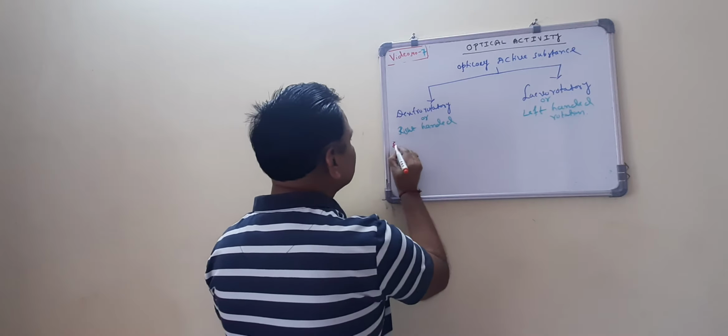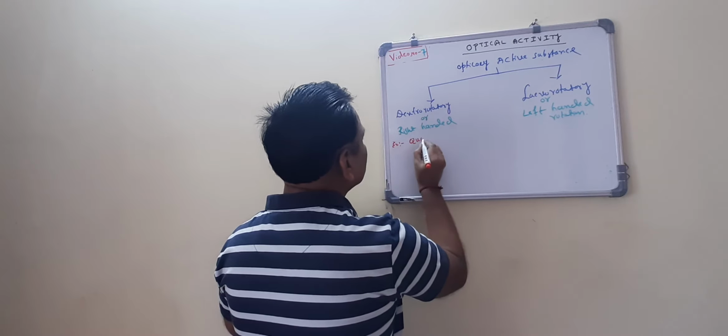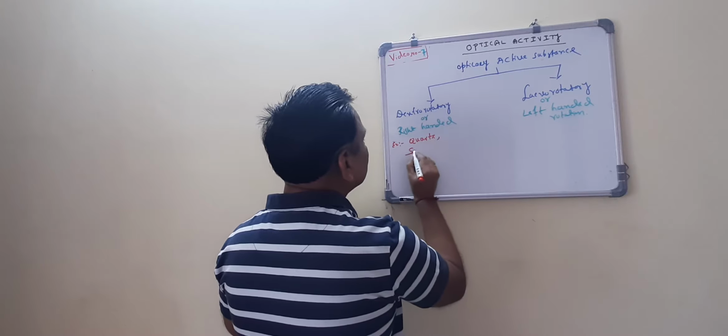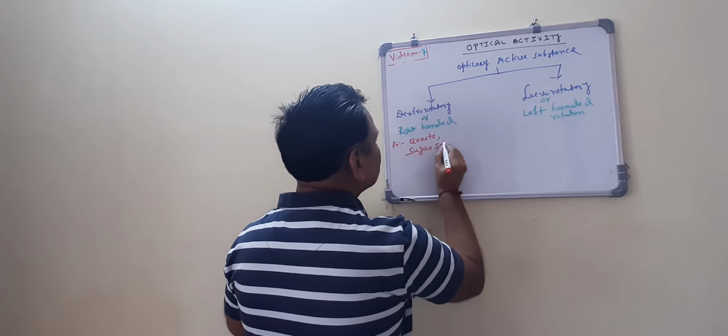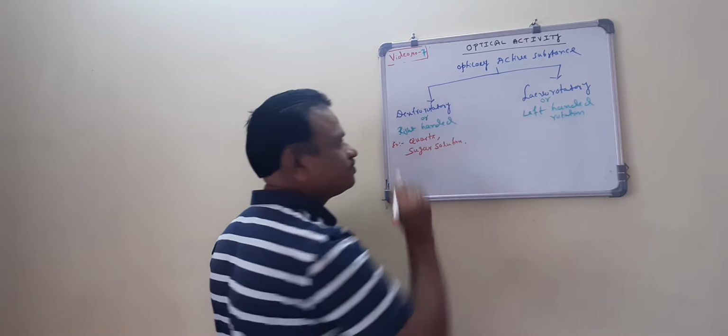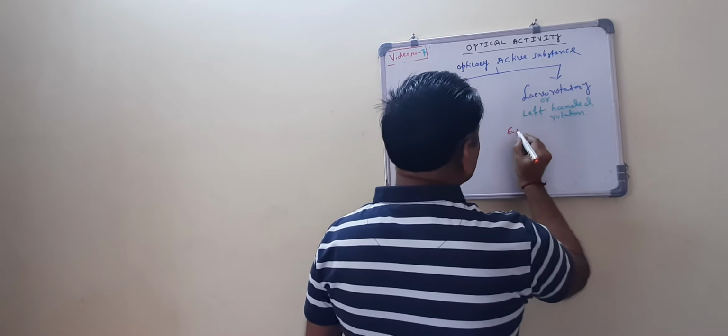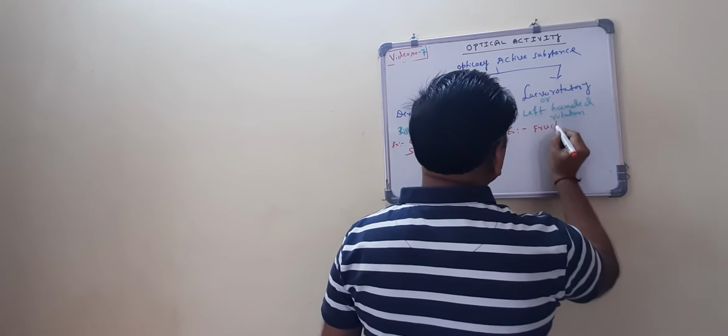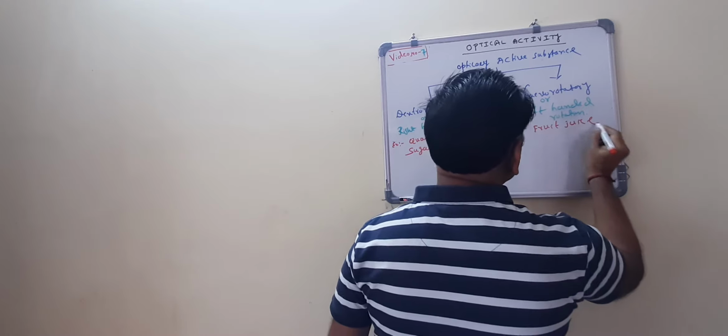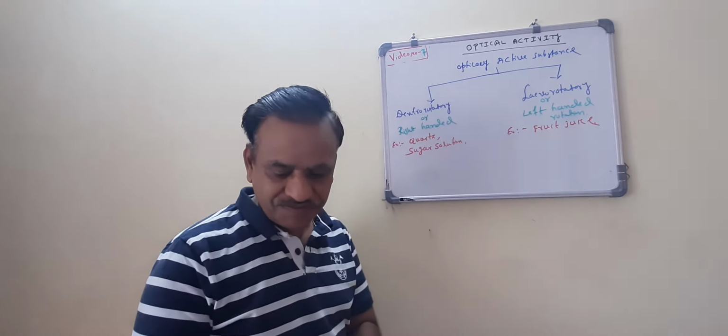Examples for dextrorotatory are quartz and sugar solution. For levorotatory, fruit juice comes under this category. Okay.